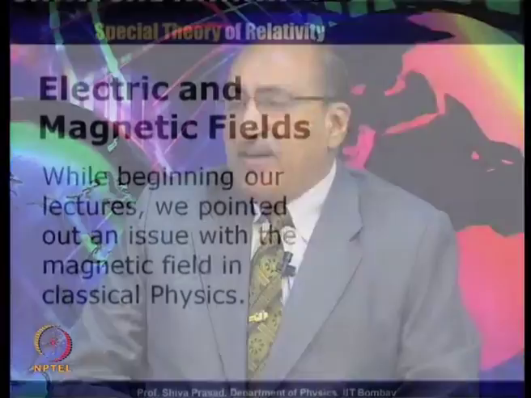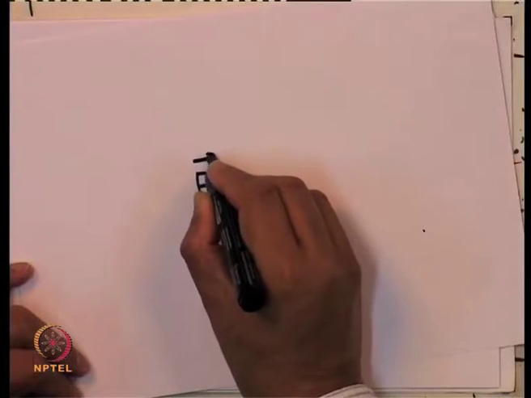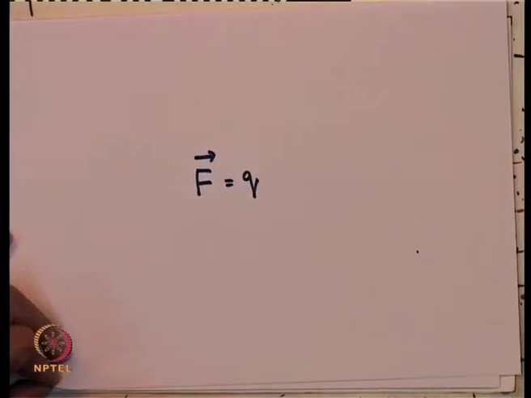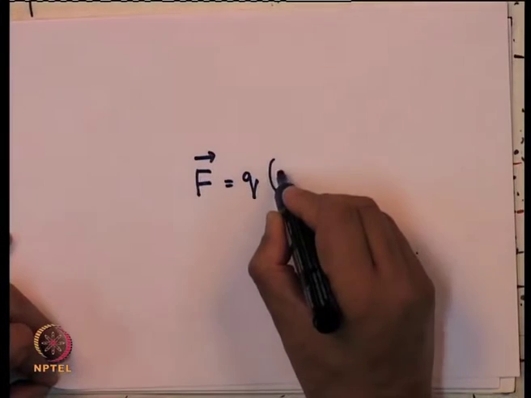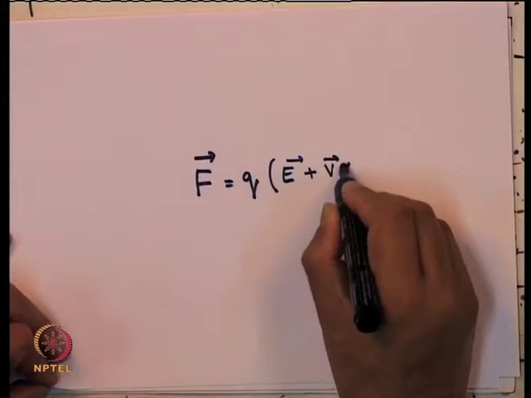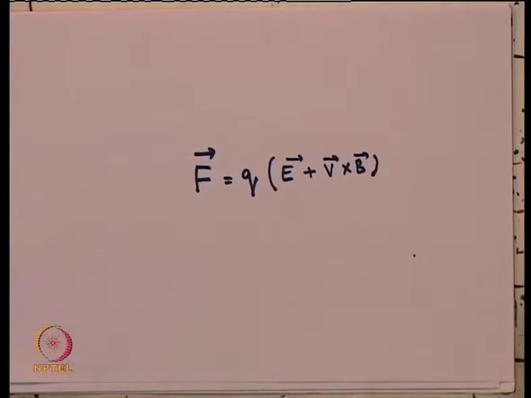While beginning our lectures, we pointed out an issue with the magnetic field in classical physics. We had mentioned that in classical physics, but this is true even relativistically, the force on a particle with charge q is given by q(E + v cross B), where v is the speed of the particle in a given frame of reference.